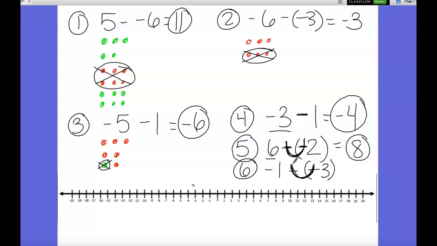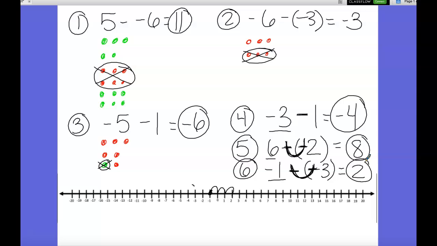Therefore, this reads negative 1 plus 3, because subtracting a negative is the same thing as adding. So I'm going to start at negative 1, and then I'm going to go up 3, and you land at 2. Therefore, 2 is your answer.